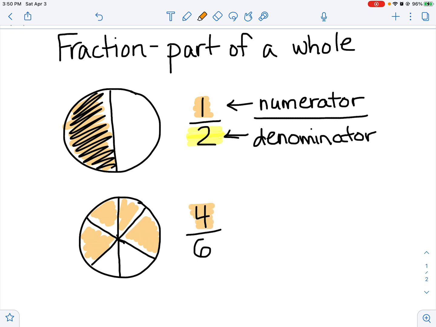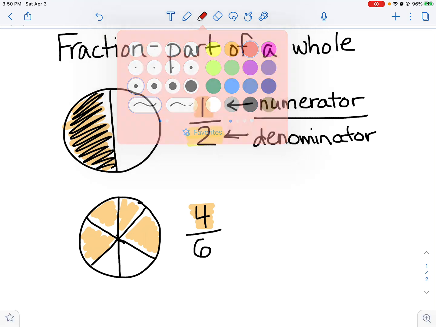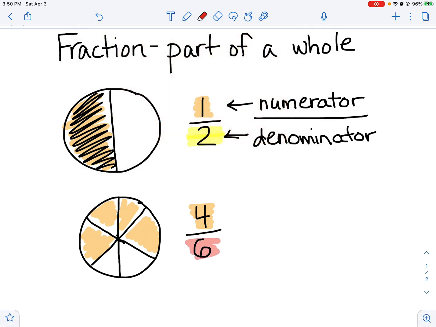Those are the parts I was talking about being shaded, but I have 6 whole pieces. I have 1, 2, 3, 4, 5, 6 pieces all together. The whole thing has been broken up into 6 pieces, and I am talking about 4 of them. That's the orange. Okay, so it would be 4/6.